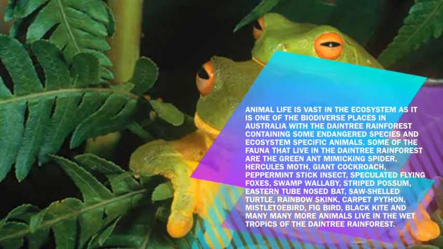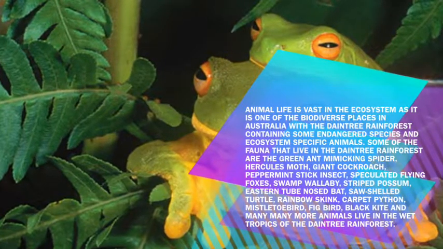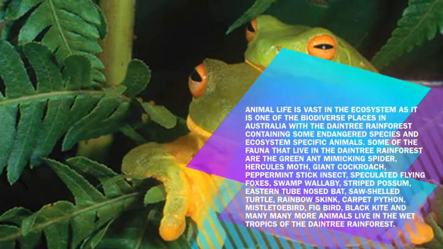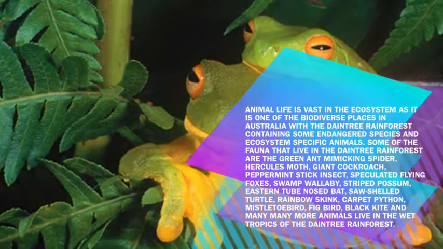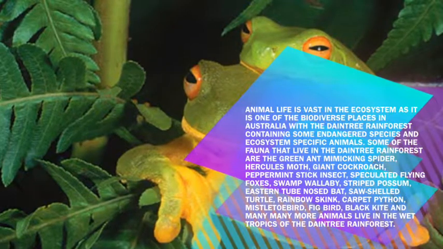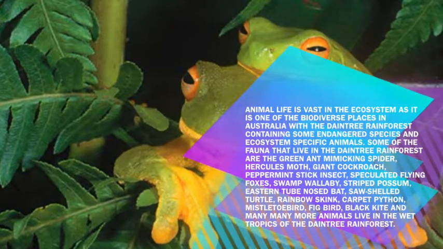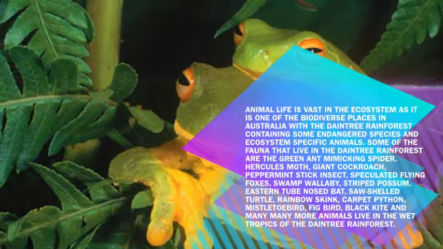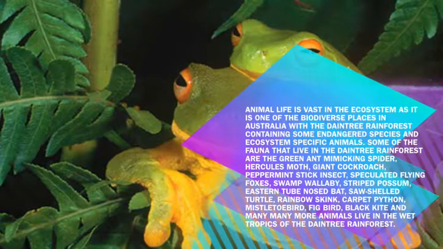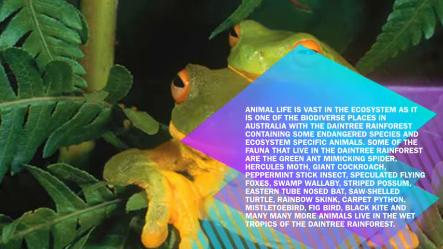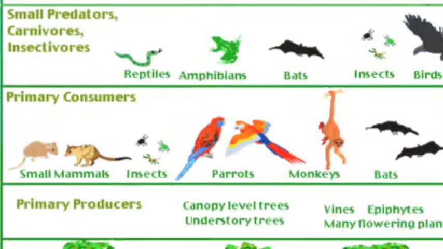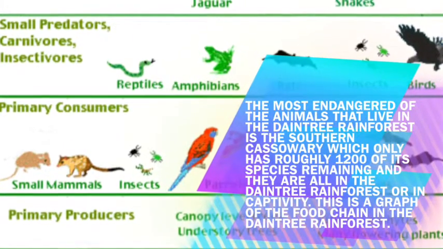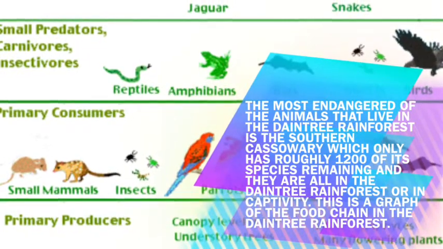Some of the fauna that live in the Daintree Rainforest are the green and mimicking spider, Hercules moth, giant cockroach, peppermint stick insect, spectacled flying foxes, swamp wallaby, striped possum, eastern tube-nosed bat, saw-shelled turtle, rainbow skink, carpet python, mistletoe bird, fig bird, black kite, and many more animals that live in the wet tropics of the Daintree Rainforest.